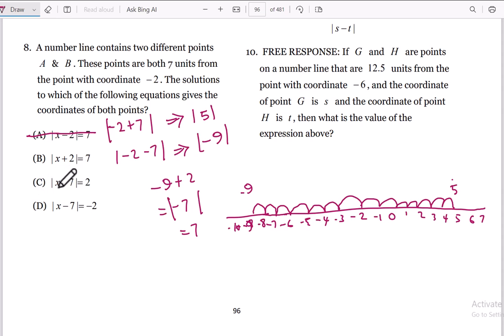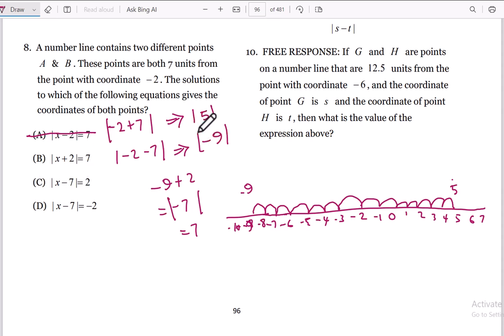So let's check this now. 5 minus 7 is negative 2, and if you put it inside the absolute value function it gives 2, makes sense. Let's check. Minus 9 minus 7 is about minus 16. So x is now minus 9 minus 7, giving you minus 16, and the absolute value will give you 16. So C is out. I'm testing them now, so I'm plugging in these values.